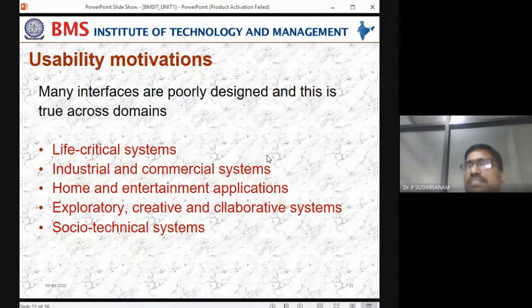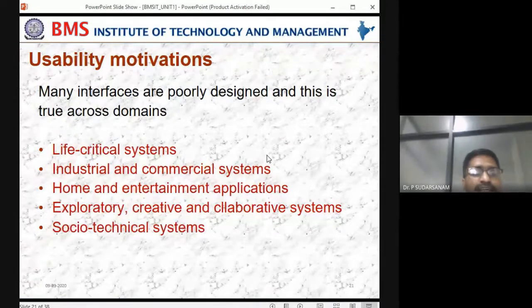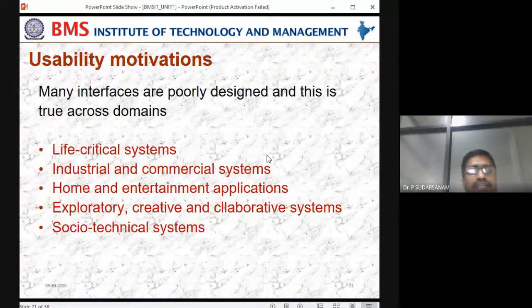The usability motivations are: life-critical systems; industrial and commercial systems; home and entertainment applications; exploratory, creative, and collaborative systems; and socio-technical systems. These are the five usability motivations, which motivate us to do UIDs.